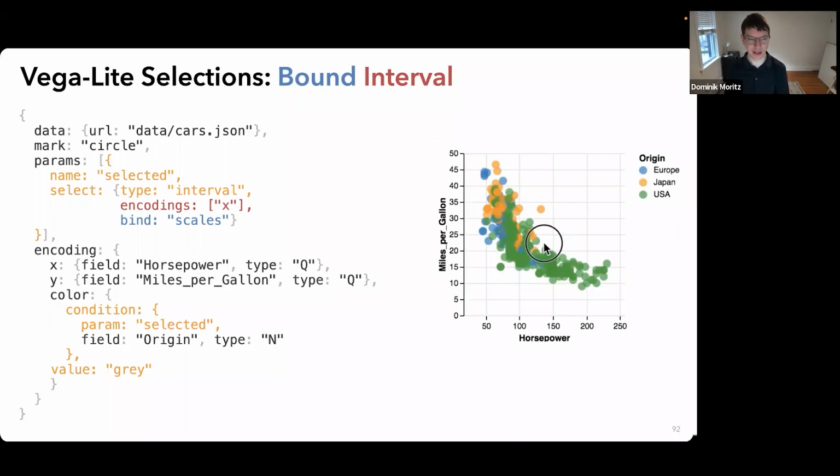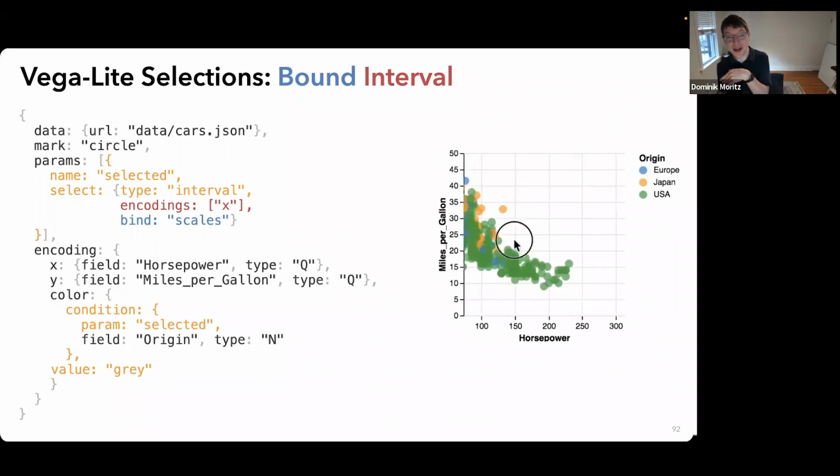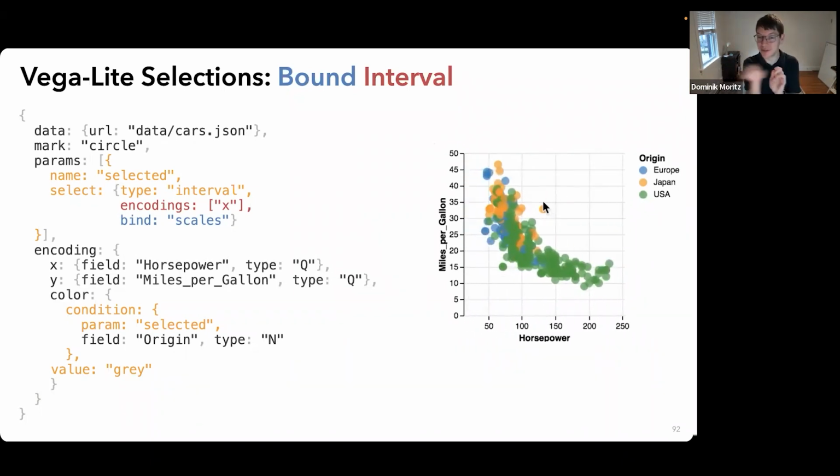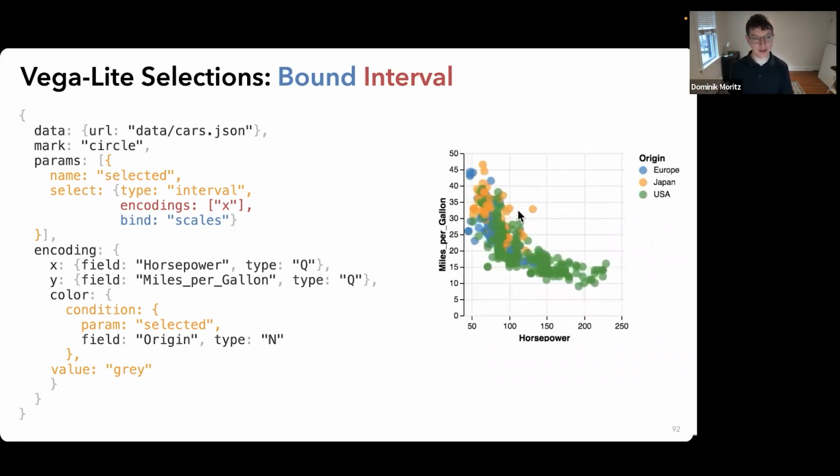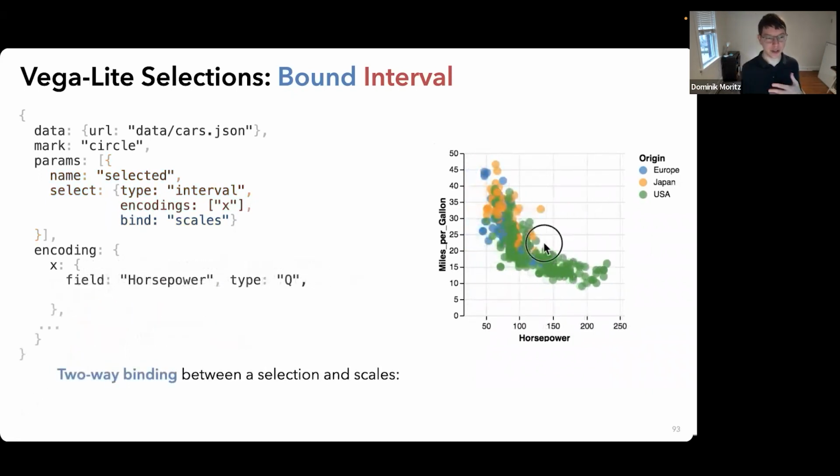So what happens here? You could try to guess, but I'm just going to show you. What happens is that we can now scroll and zoom the chart. It might feel a little magical, but what happened was that we created a two-way binding between the selection parameters and the scales, in particular the scale domain.